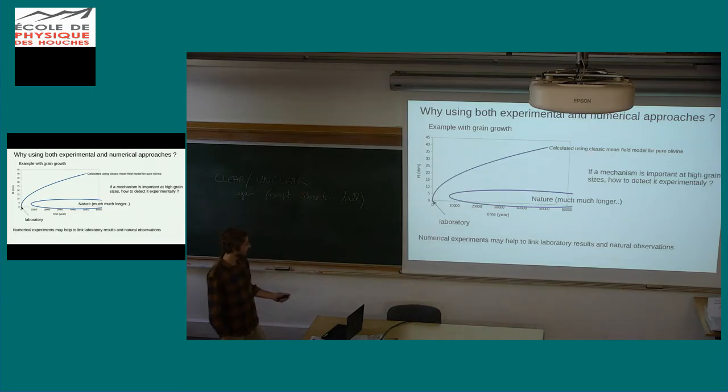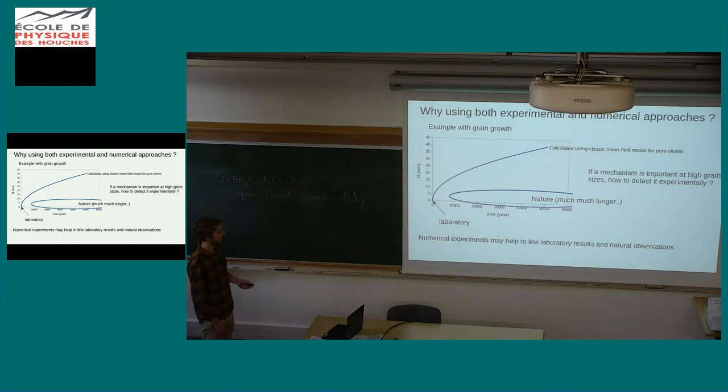Here I plot the grain growth kinetics for pure olivine, calculated using the classic mean field model we use for olivine, and which is calibrated by laboratory experiments, which are represented like points on this curve. And if we extrapolate the laboratory results, you see that the grain size increases until values that we never meet in nature. And more, the time scales here are ridiculous compared to the time scales in nature.